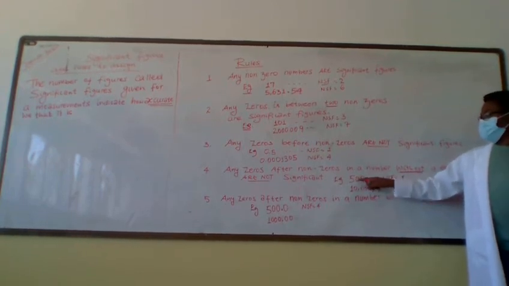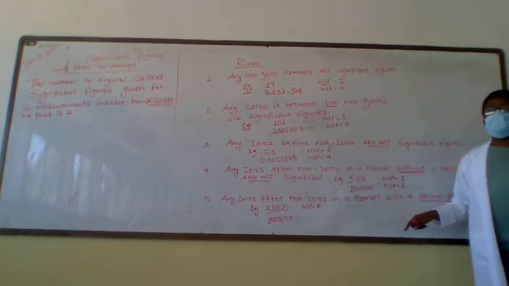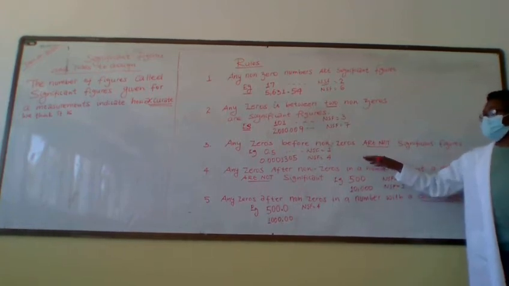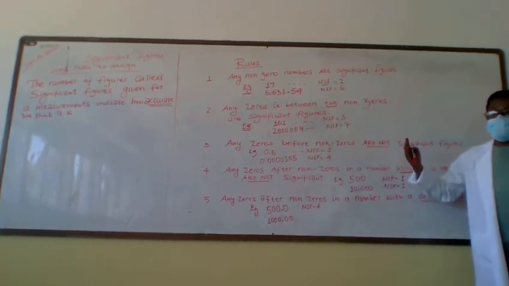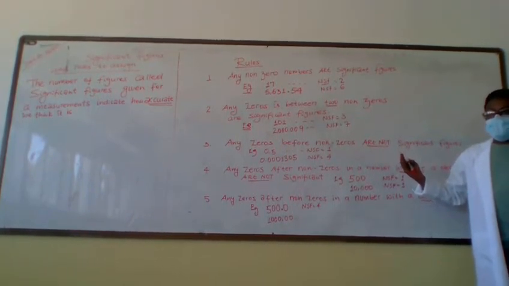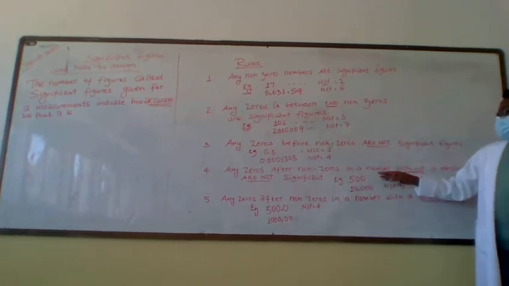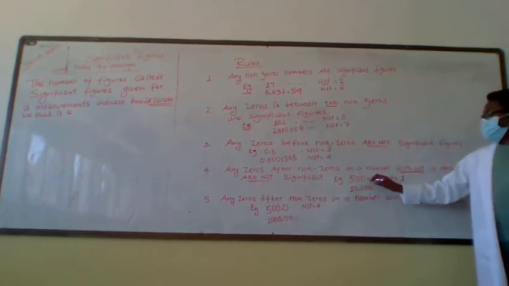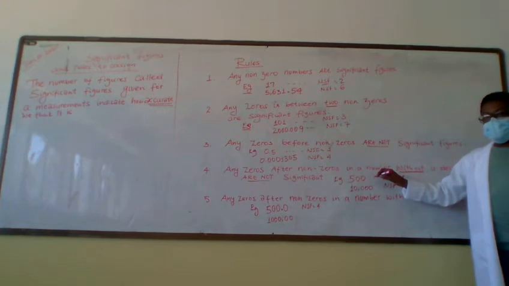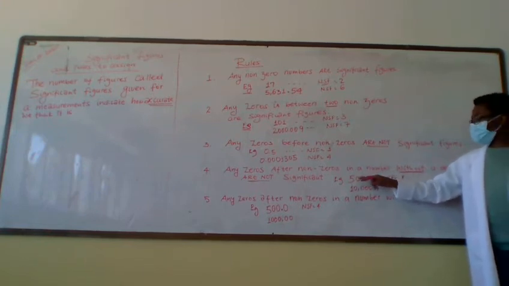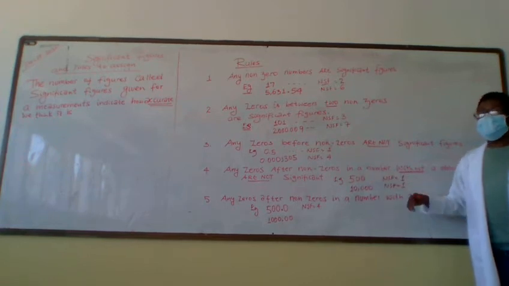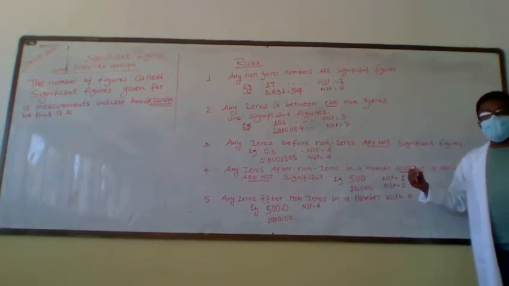So in this case, these 2 zeros are not significant. It's a rule that you just need to accept. But rule number 5 says, if there is a decimal point, then these zeros will be accepted as significant figures.